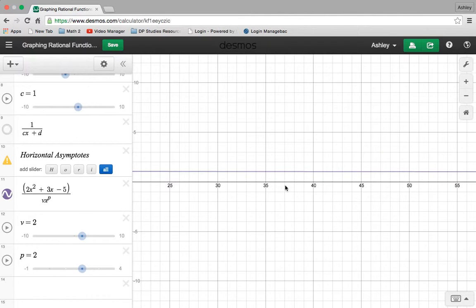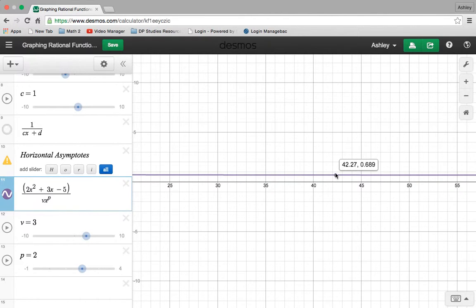Oh, look, 2 over 2 gives us almost 1. What if this were no longer 2, but a 3? Hey, look, right there. Does that number look like it might be approaching anything for y? Yep, what it's trying to approach is 0.6666666, which is just 2 over 3.